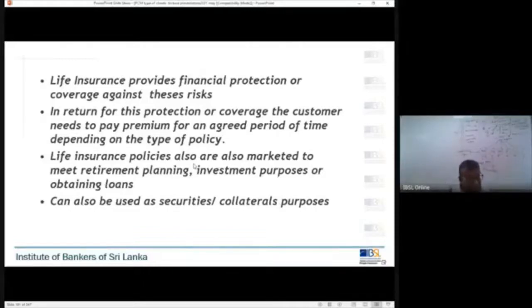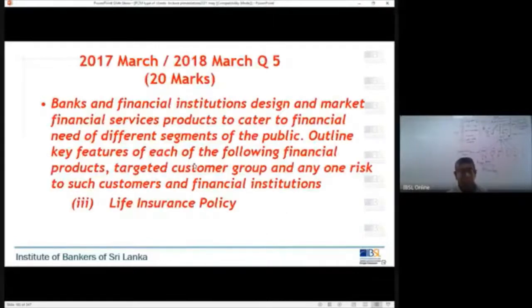That is why we are learning about insurance policies, because they can be assigned to a bank. So I can take an insurance cover, assign it to the bank, and take a loan, especially for products like housing loans.